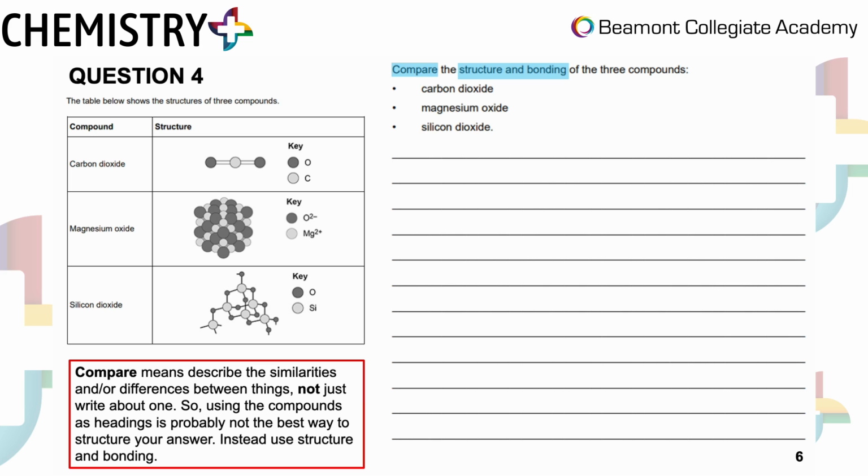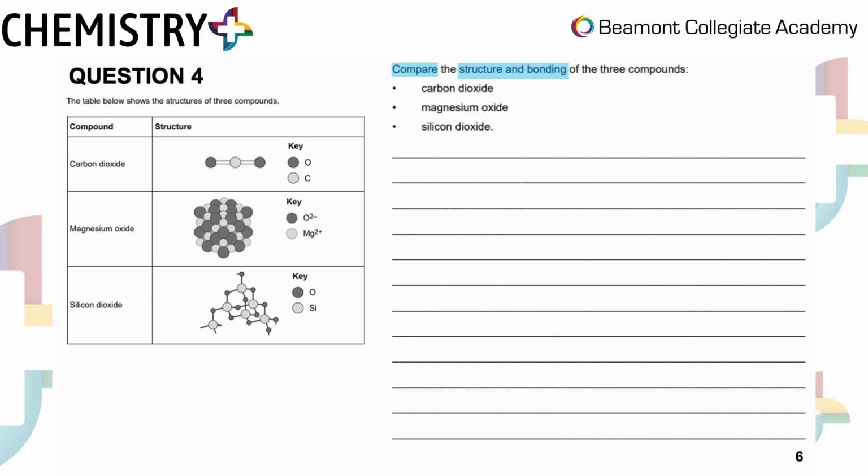So using the compounds as headings is probably not the best way to structure your answer. Instead, I will structure my answer using a table. Pause the video and produce your own table for this question.